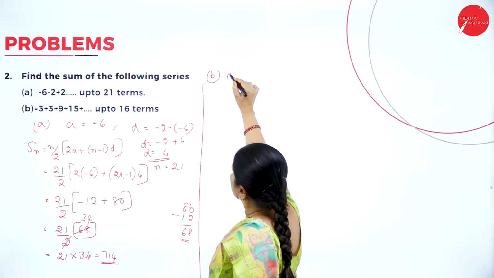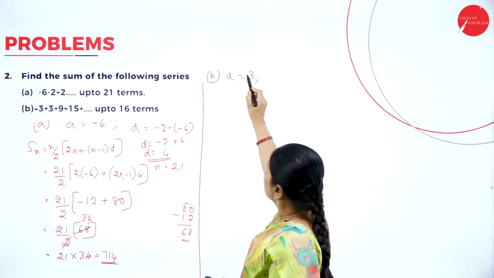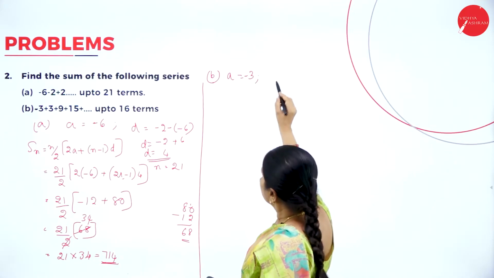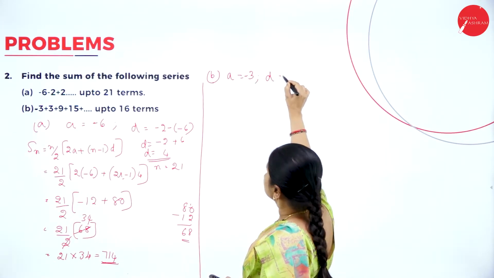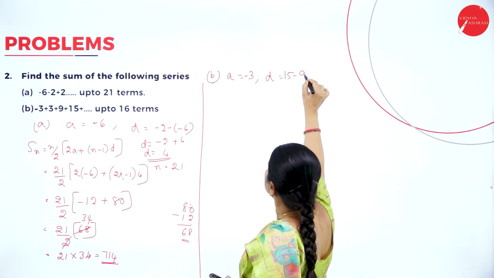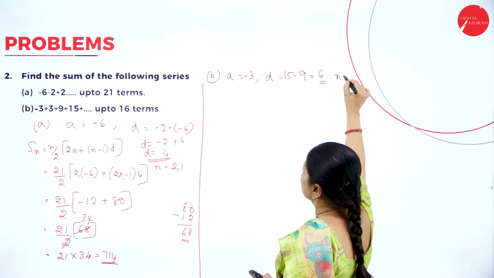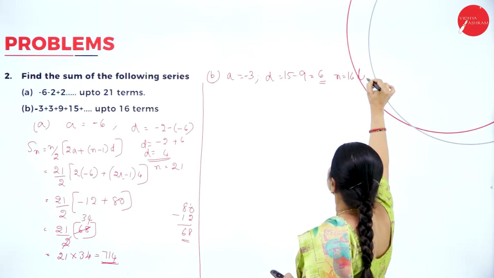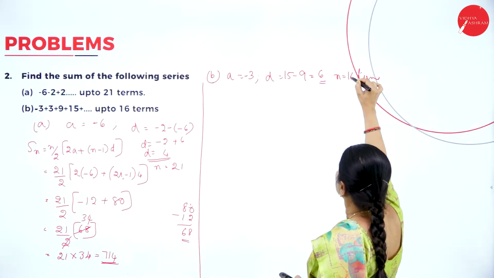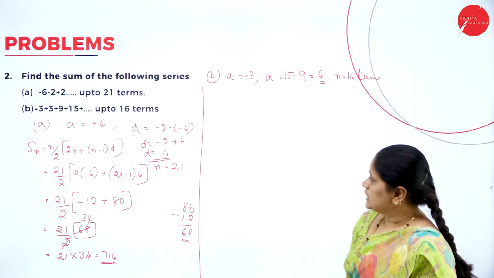So, what is A here? A equals minus 3 and D equals 15 minus 9, so this is equal to 6, and n equals 16 terms.